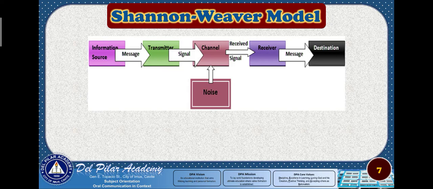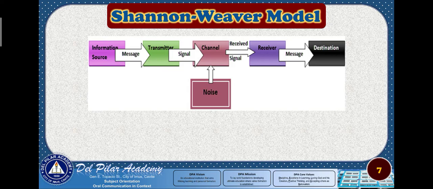In this model, Shannon and Weaver assert that the message sent by the source or the speaker is not necessarily the message received by the destination. This is due to the intervention of noise, or anything that hampers or interferes with the communication. Even today, with our advanced cell phone technology, there are still barriers to clear transmission and reception of calls.